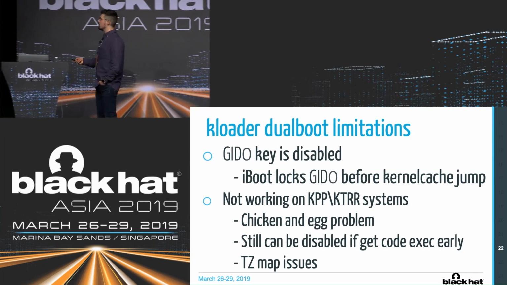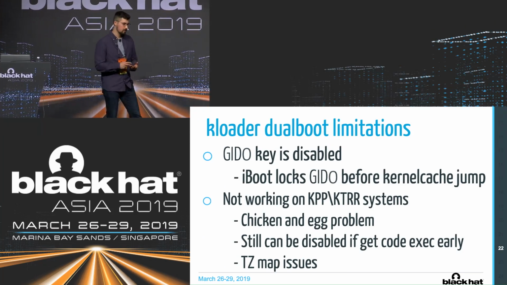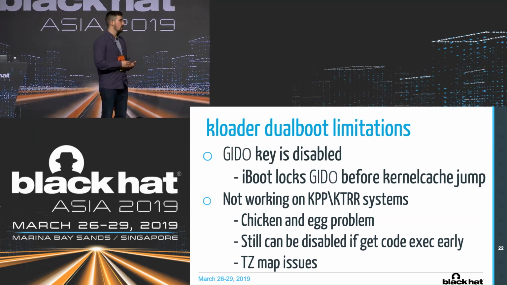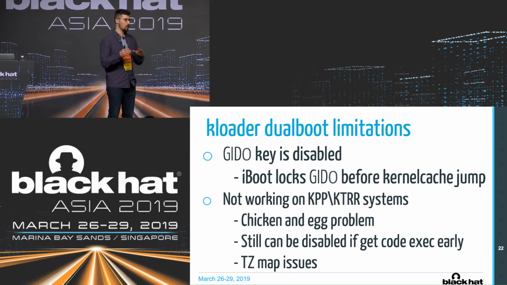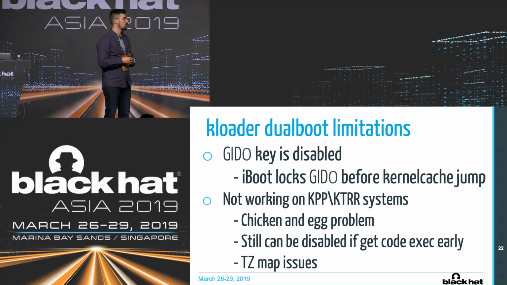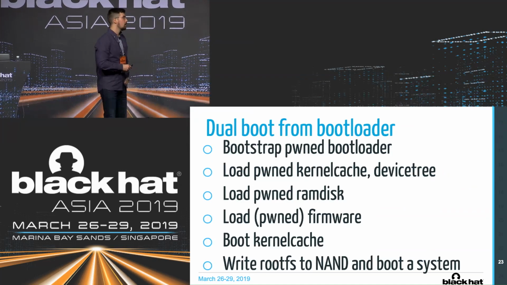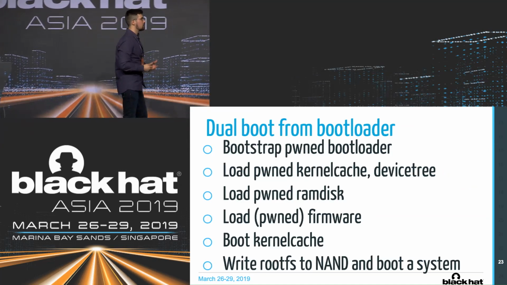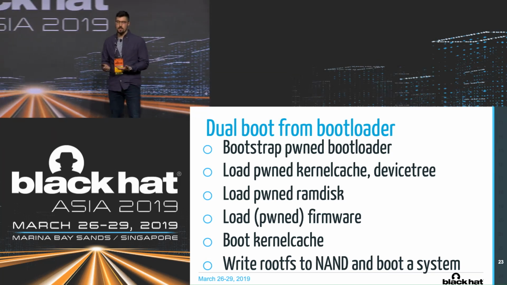One more thing that I didn't mention, the GID key. The GID key is the key used to decrypt the firmware, and by the time the kernel is loaded, it's already locked. So even if we jump back to the bootloader, the key is already locked and we cannot decrypt the new firmware. Which means the kernel way of dual booting works, but it has its own limitations.